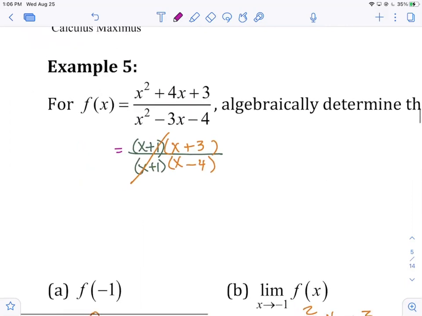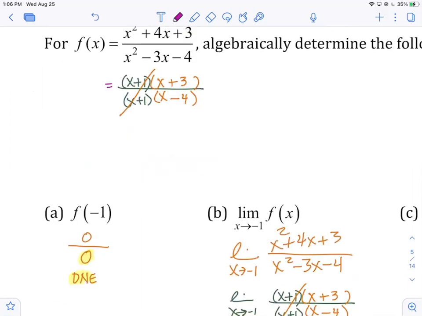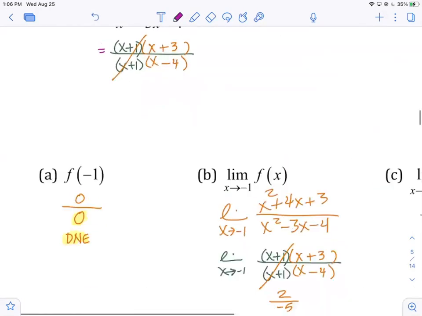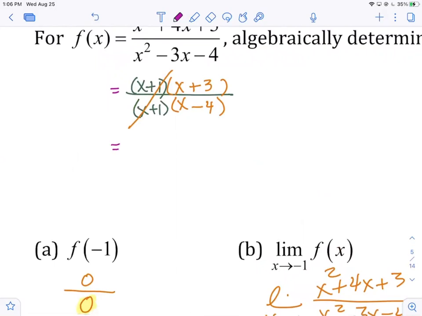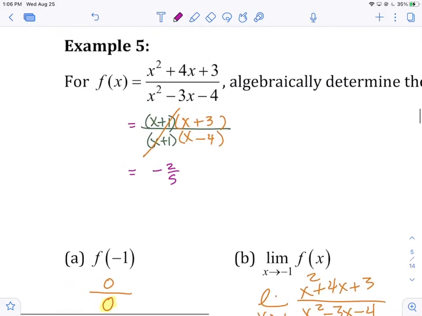So if you want to go ahead and factor up there without putting the limit in front, that's fine. And then the x plus ones divide out. But then here's what you want to be careful. If you're answering part B, you don't want to just keep this going down here and say that that equals negative 2/5. Okay? So why is that not true?